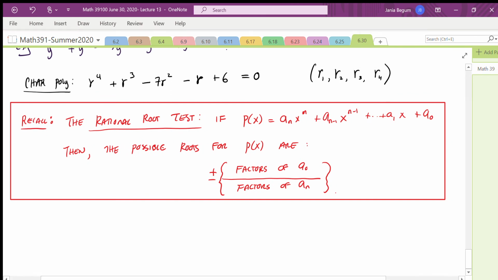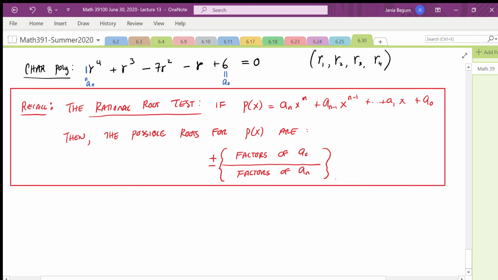Not 1. a_0 is the constant term. And a_n is the coefficient of the leading term, meaning the coefficient of the highest power. In this case, it will be a fourth.